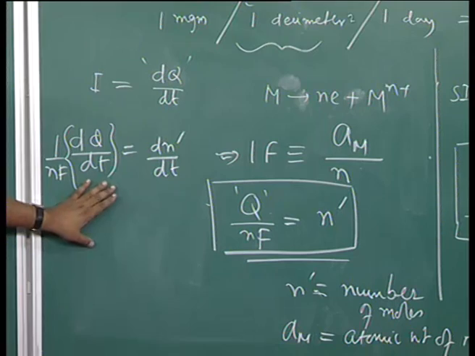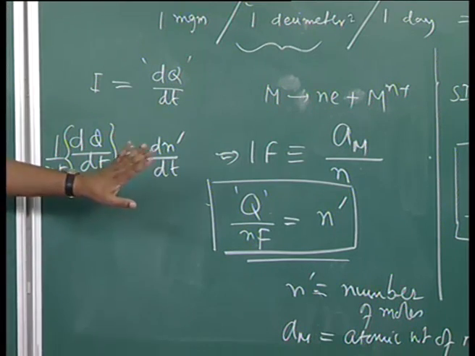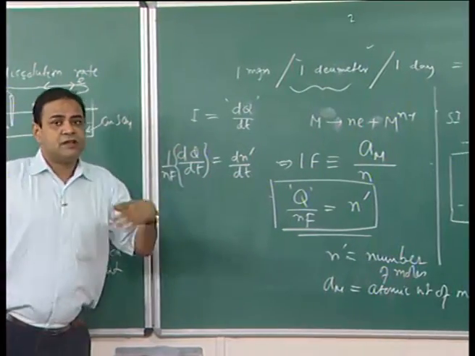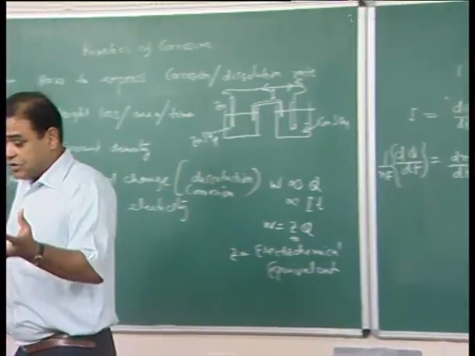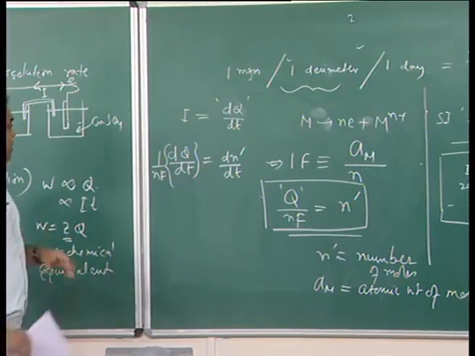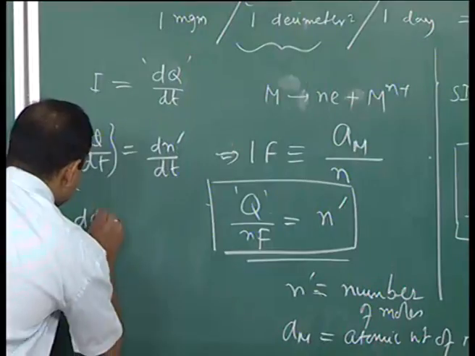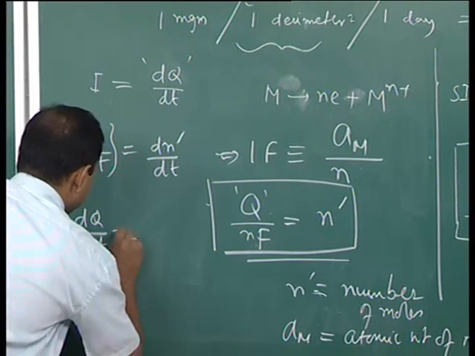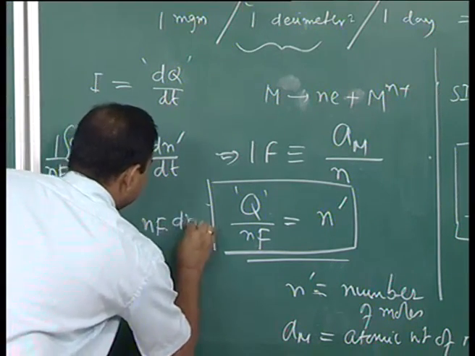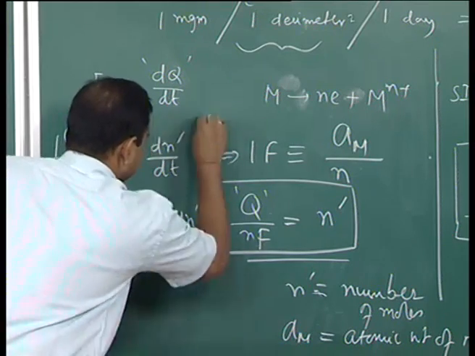From this we are relating to the amount of metal that is dissolving, that means this N dash. Now, dq by dt would be Nf times dN dash by dt.